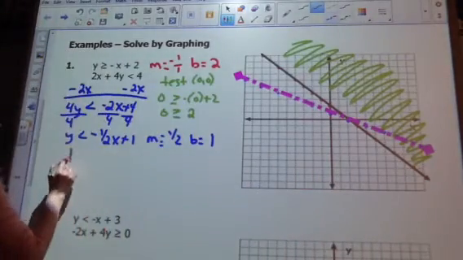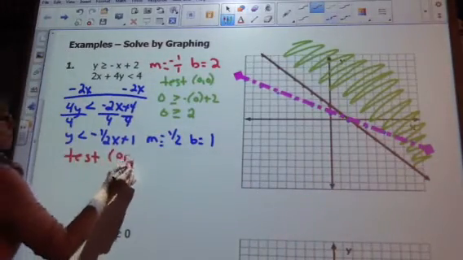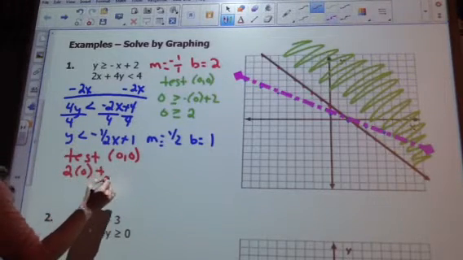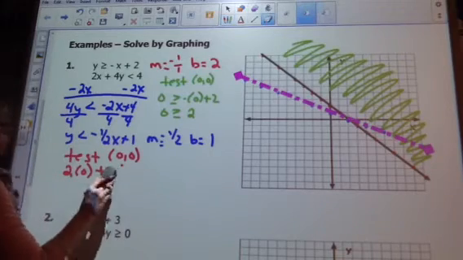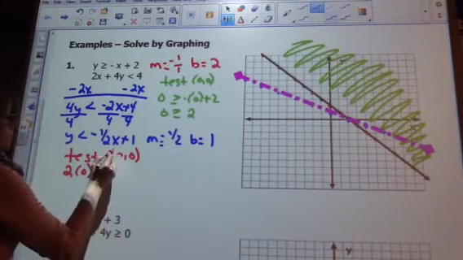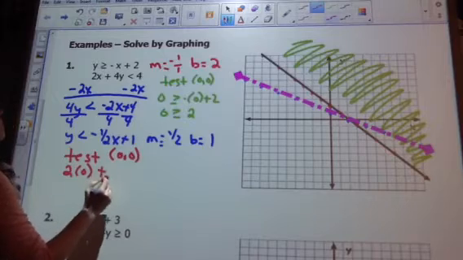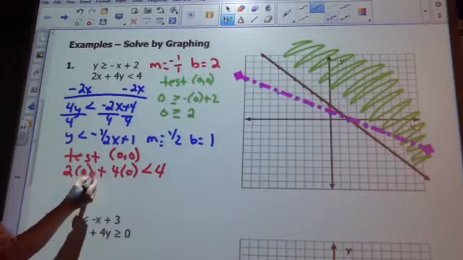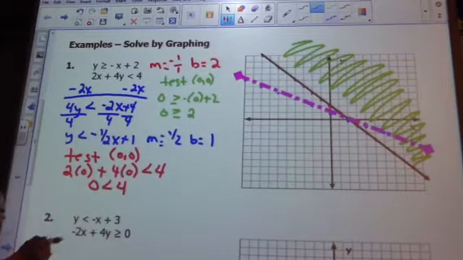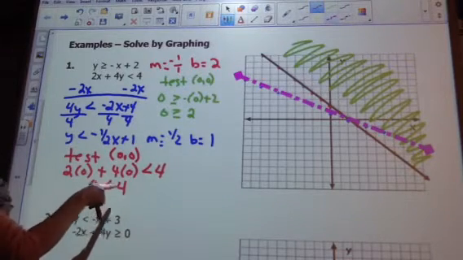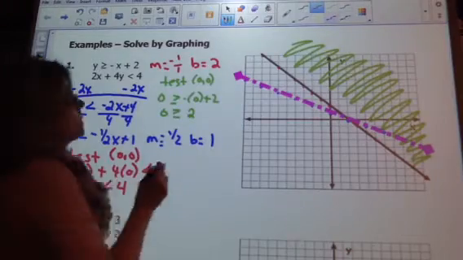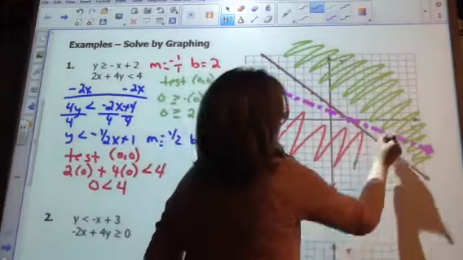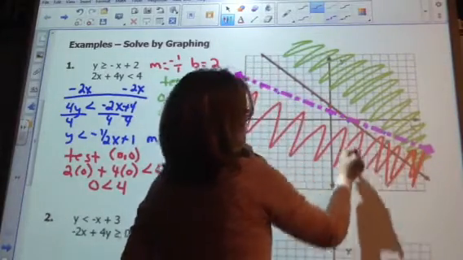So let's test it with our second inequality. When x is 0, y is 0. So I have 0 plus 0, is 0 less than 4? And that is correct. So my solution set goes this way.